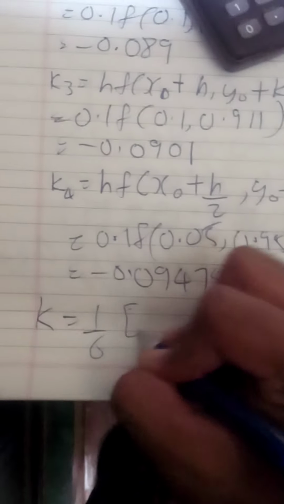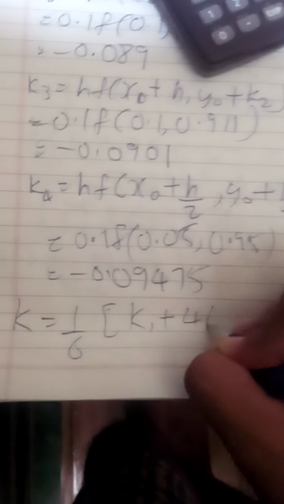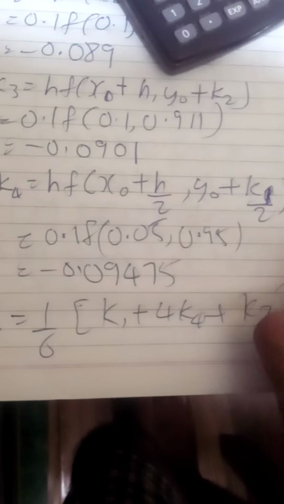So the answer is minus 0.09475. Okay, so k will be equal to 1 by 6 into k1 plus 4k4 plus k3.